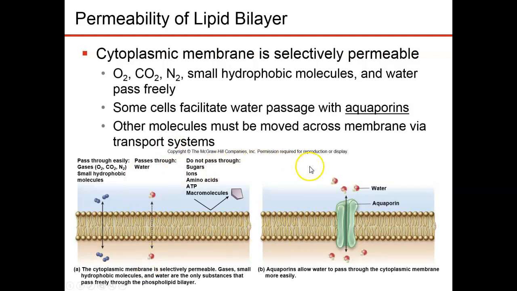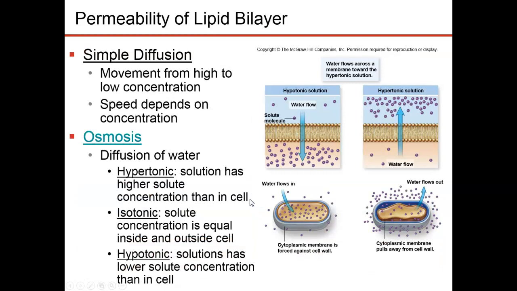The majority of water, though, moves through these protein channels called aquaporins, okay? Whereas large molecules and polar molecules, and I'll use glucose as your example here, cannot pass through. Actually, that wasn't glucose, I guess. That might have been some type of a carbohydrate.